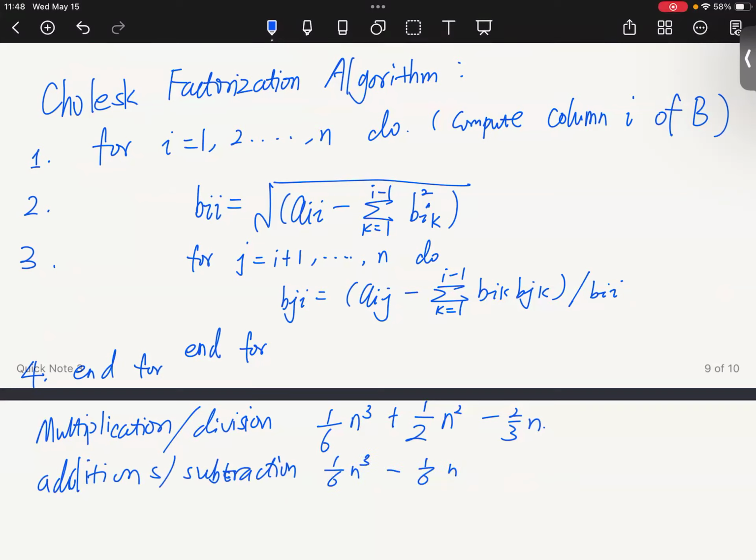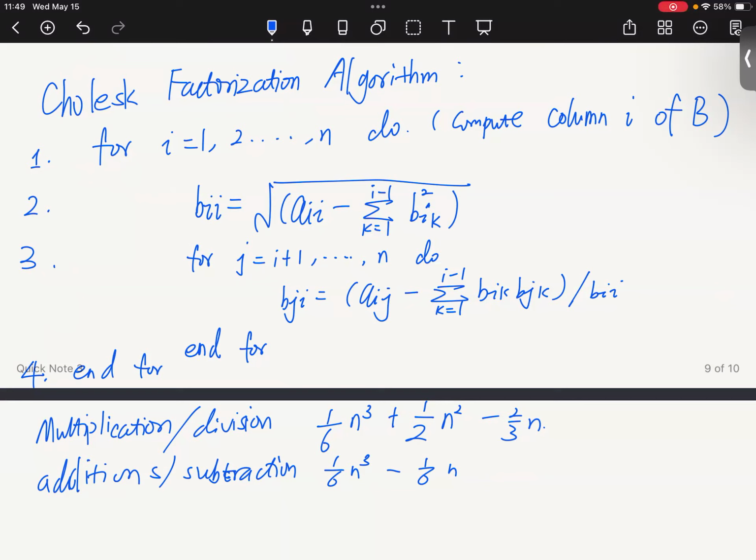You can count it one by one. I have shown you how to count the number of operations before this one. You can do the same thing for this algorithm, and at the end of the day, you find out the number of multiplications and divisions we need, and the number of additions and subtractions we need for this calculation.